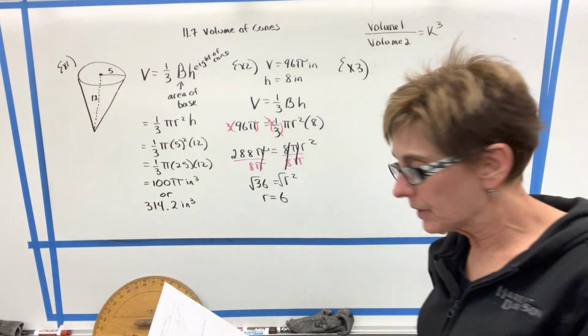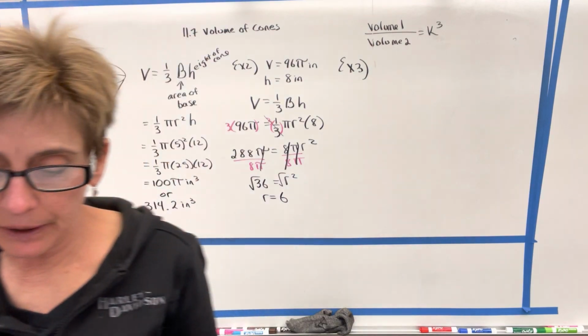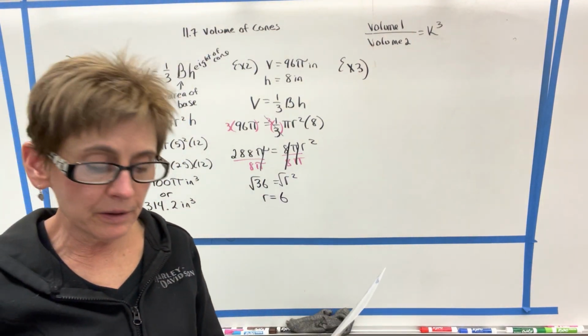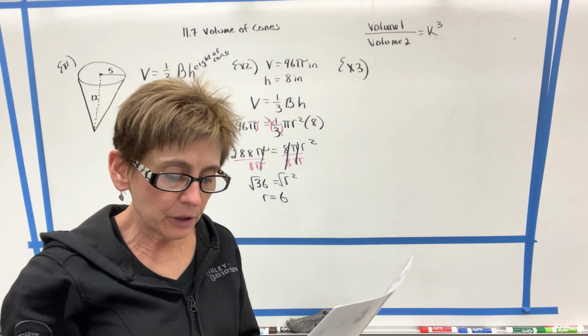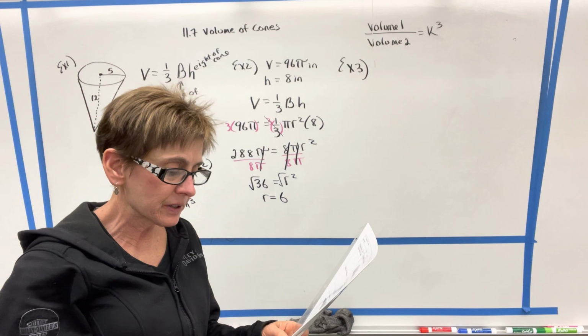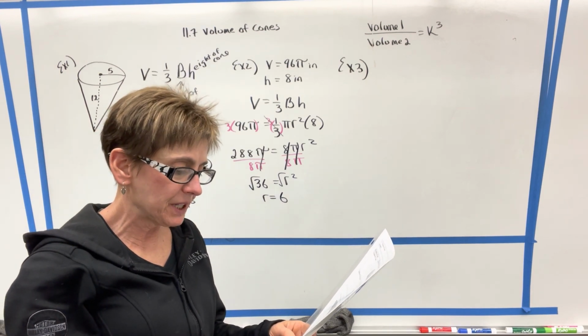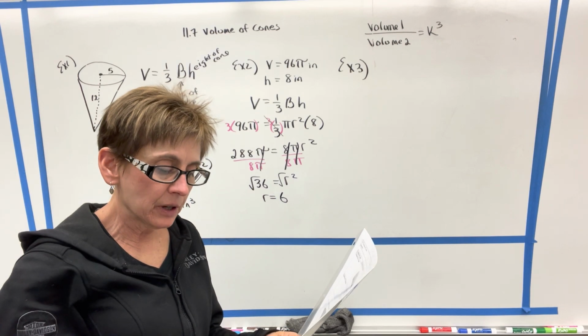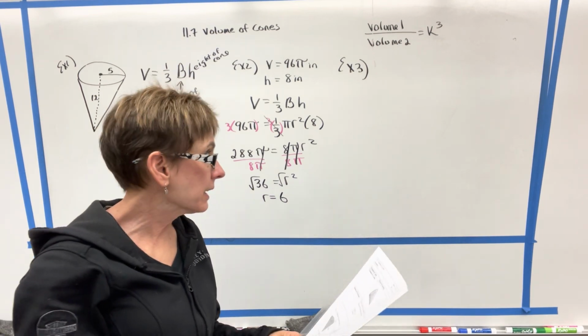So let me read you this third and final example, and then we'll plug everything in. Two cones are similar. The volume of the first cone is 405 pi cubic centimeters, and its height is 15. The height of the second cone is 20 centimeters. Find the volume of the second cone.